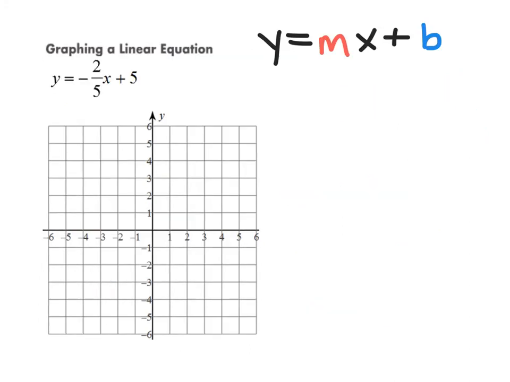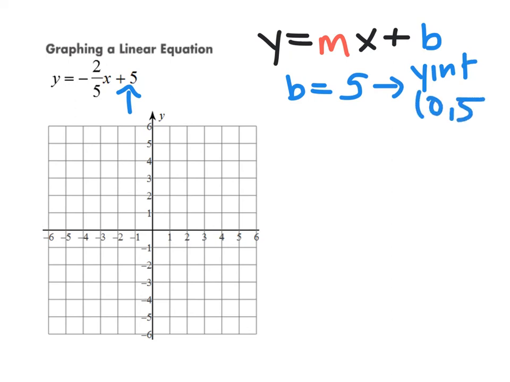For the final example, we're going to follow the same process. So first we need to identify our b value. Now from the equation, the b value is 5, indicating that the y-intercept is at (0, 5). So I can plot my point there. Then we can identify that the slope is -2 over 5.